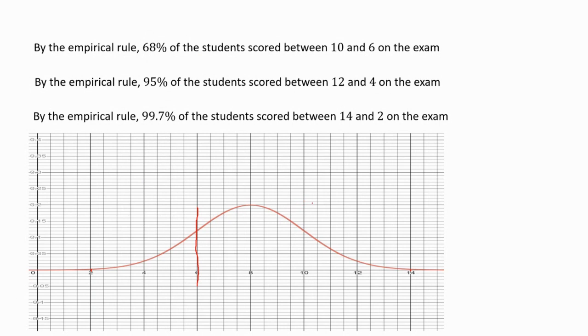Anyone that's had me before knows that I have a hard time drawing things. But between 6 and 10, which is the mean minus the standard deviation and the mean plus the standard deviation, 68% of the data is in here, as you can see.